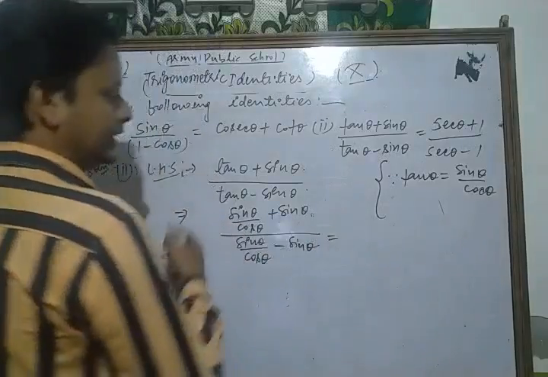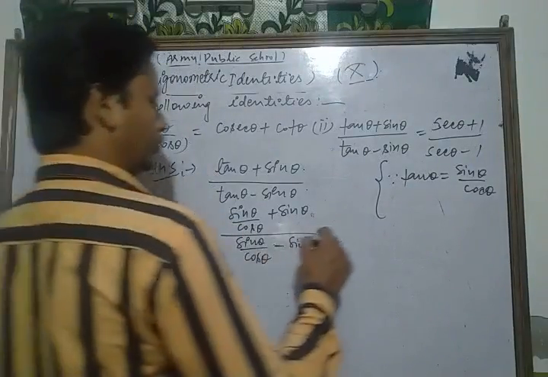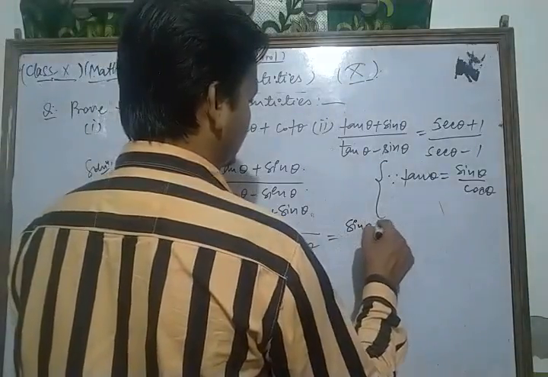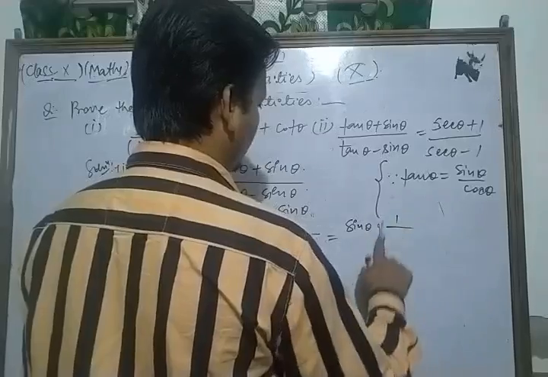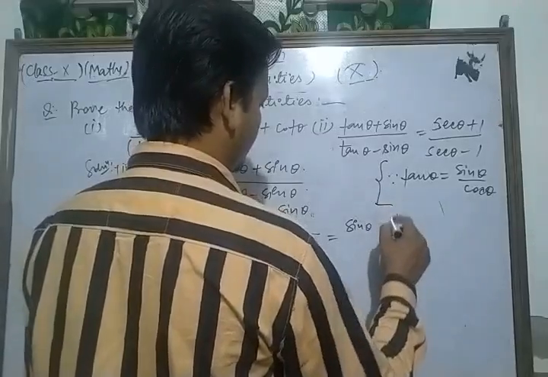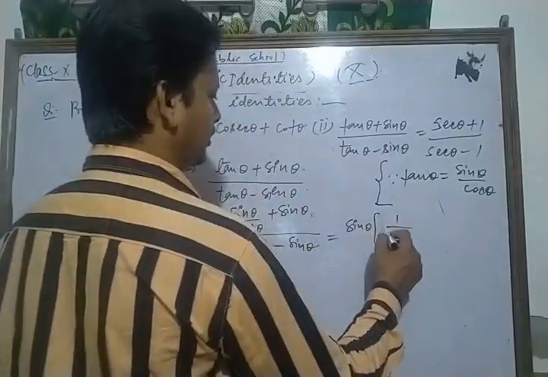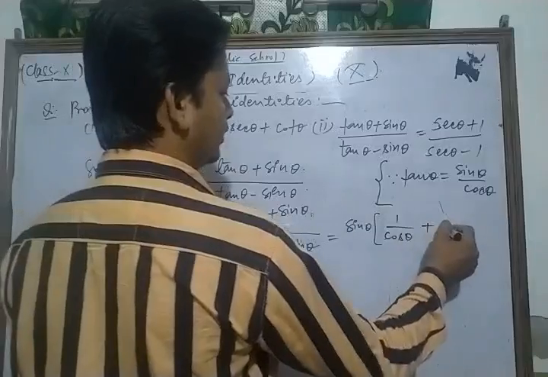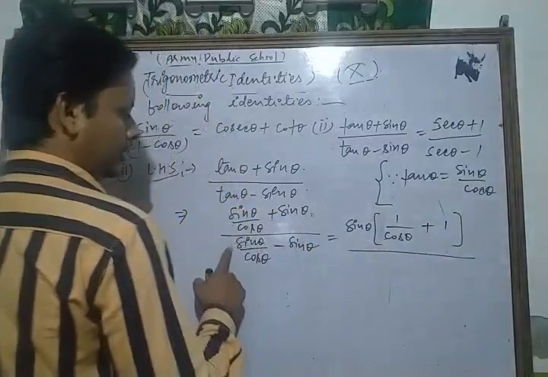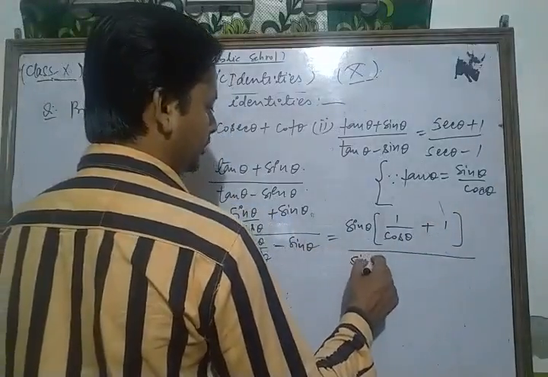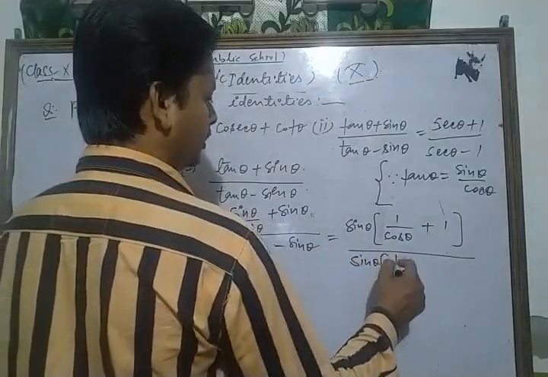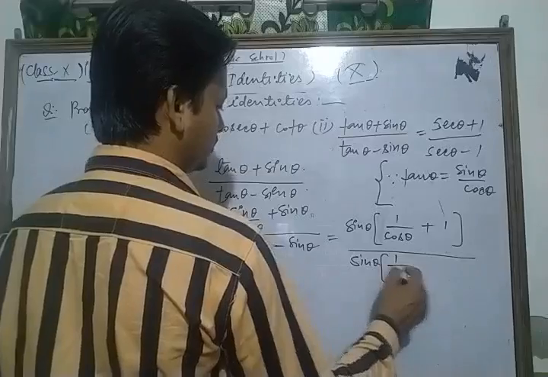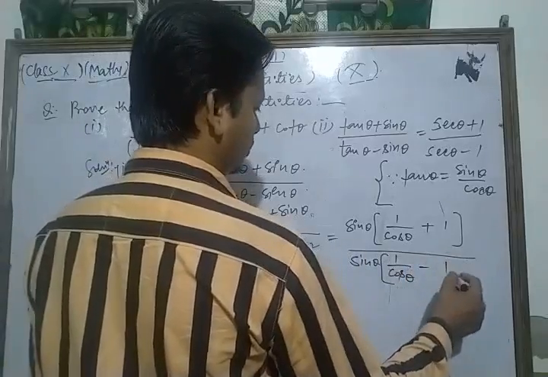Now sin theta is common from the numerator, so we get 1 upon cos theta plus 1. Here sin theta is common from the denominator, we get 1 upon cos theta minus 1.